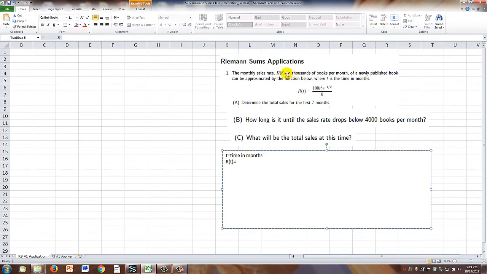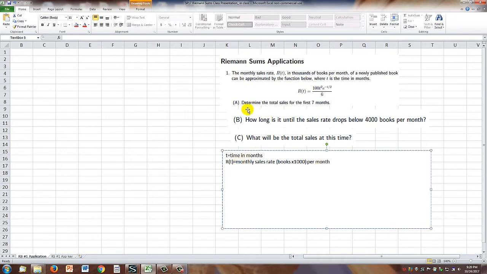The second hint is that the units on this R of T sales rate is in books per month, or thousands of books per month, and T is months. So this is a Y unit per X unit. So R of T is a monthly sales rate, and the units are in books times 1,000 per month.